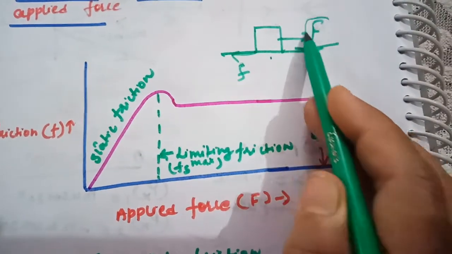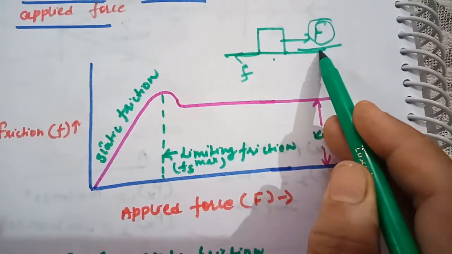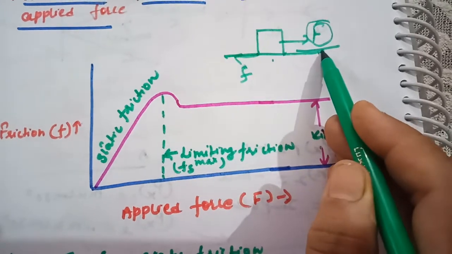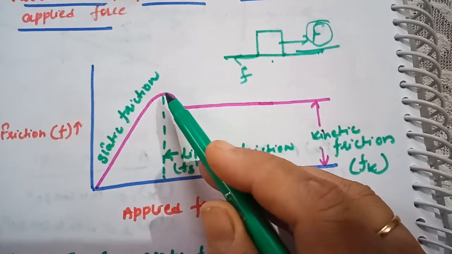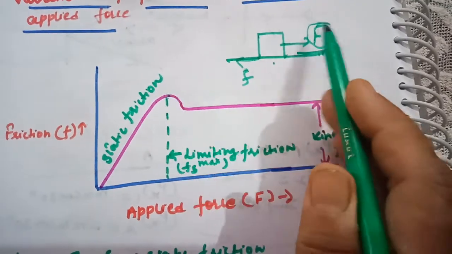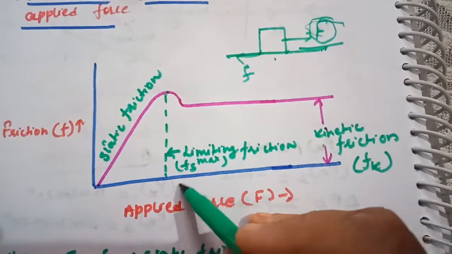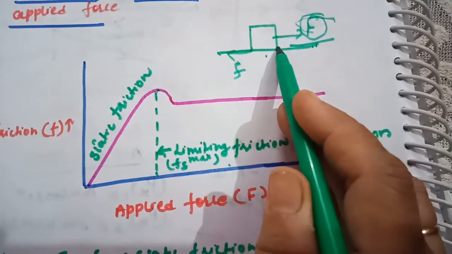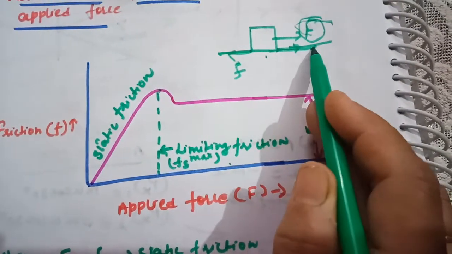When you increase the applied force beyond a limit, what will happen? Now the static friction reaches its maximum value, and when you increase the applied force after that, the body just begins to slide on the other surface.